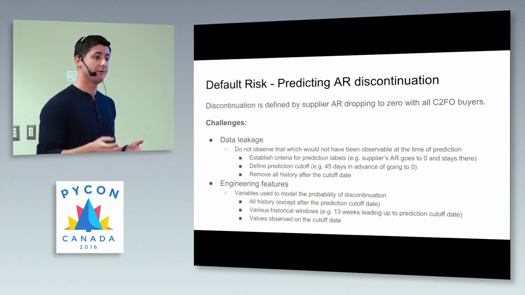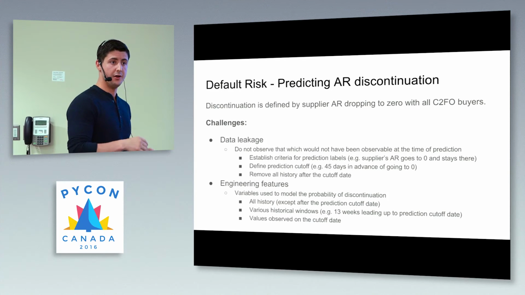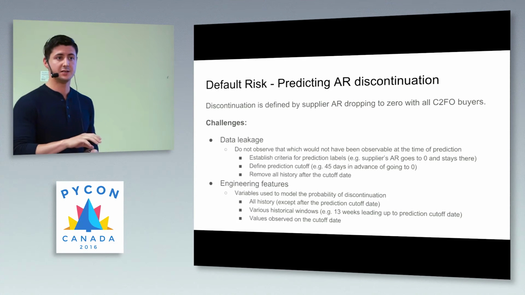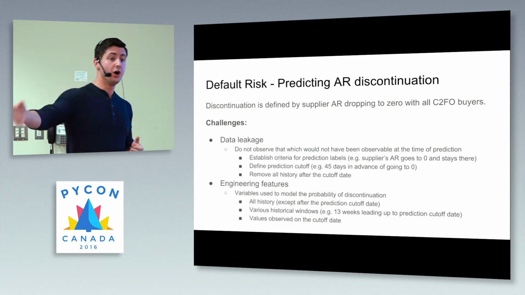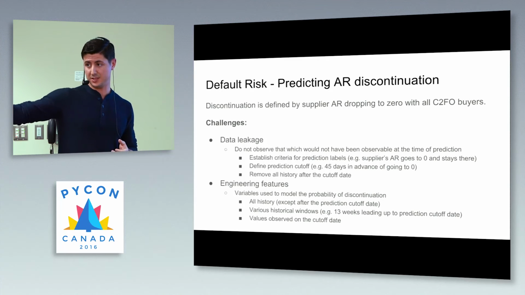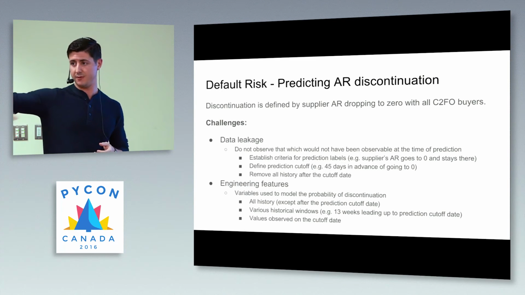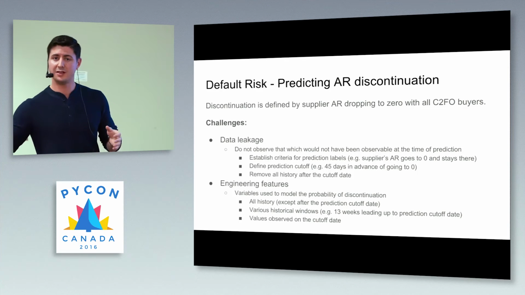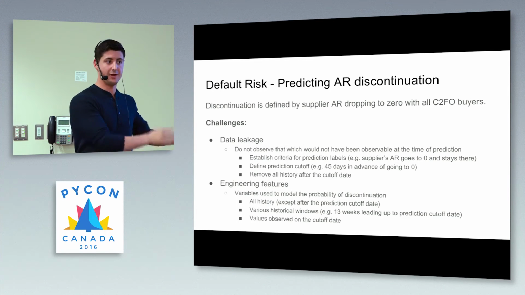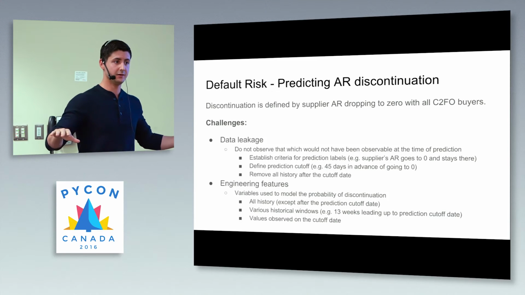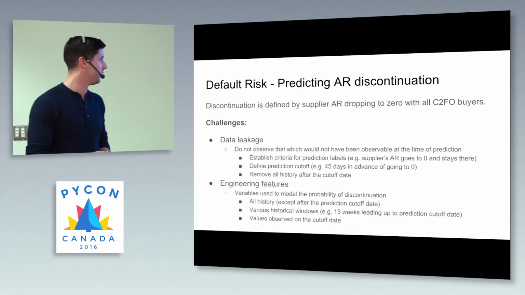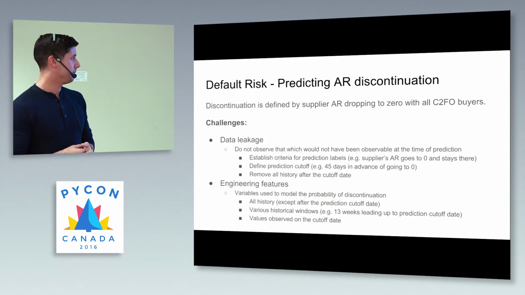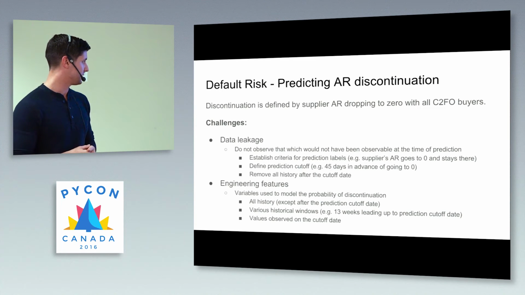So if we want to get a 45 or 90-day jump on a buyer discontinuing invoicing with a supplier, when I'm training my model, I can know that buyer stopped invoicing because that supplier would have eventually flatlined, but the data that I'll use to train that model would have to be 45 or 90 days in advance of that flatline, right? Because otherwise you're cheating, right? So be cognizant of data leakage at all times when thinking about problems like this.